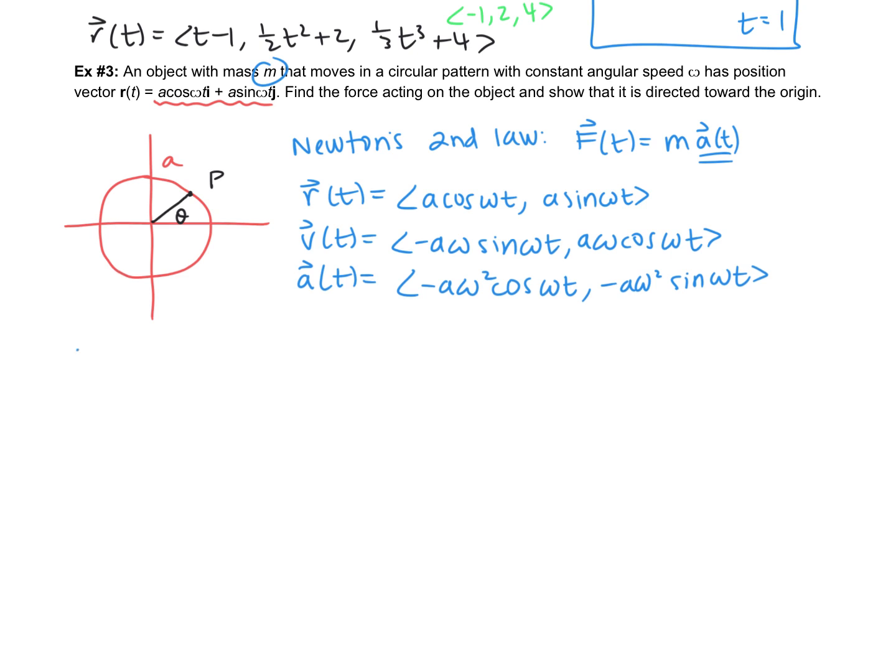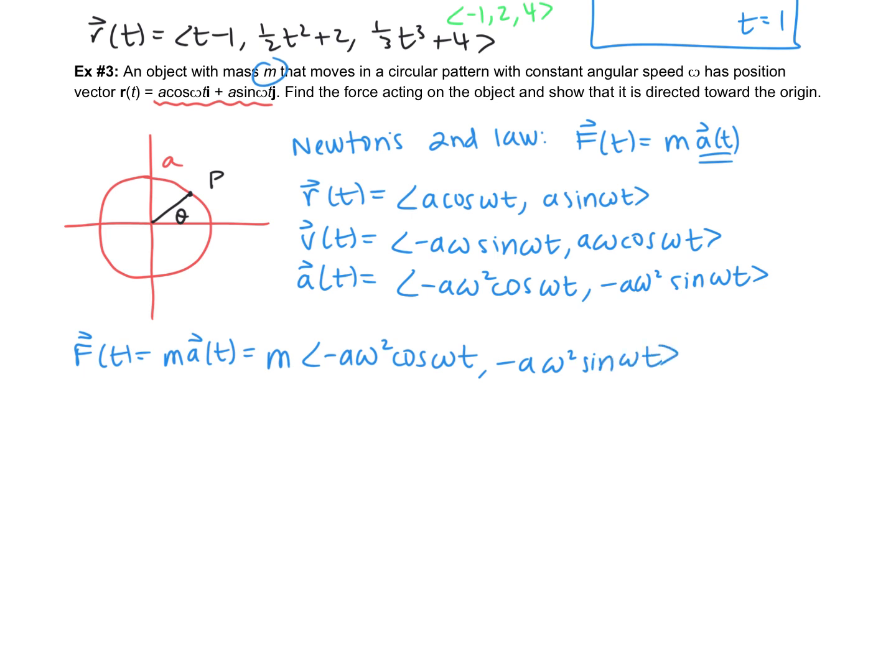Okay, so now we finally can get to that force part. So our force is going to be m times a, in this case m, multiplied by negative a omega squared cosine of omega t, and then negative a omega squared sine of omega t.